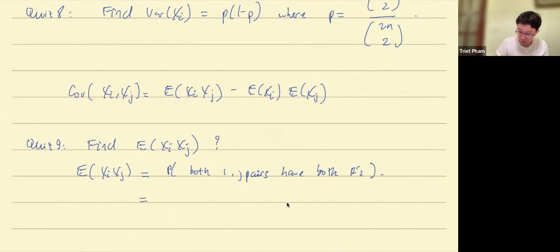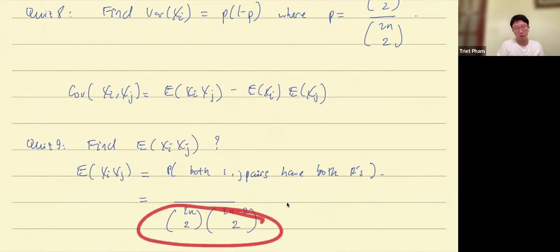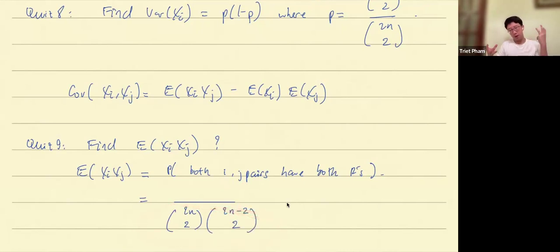So you're removing the balls two at a time. If you focus on the ith pair and the jth pair, the number of ways you can do that is 2n choose 2 for one of the pairs, and the remaining pair would be 2n minus 2 choose 2. That's the number of possibilities for drawing balls into the two pairs i and j.